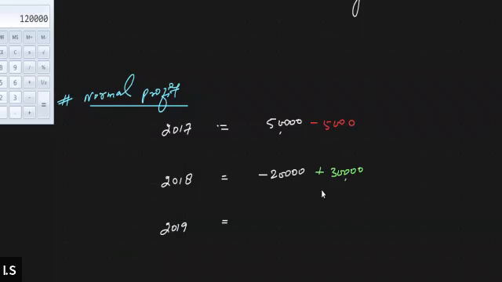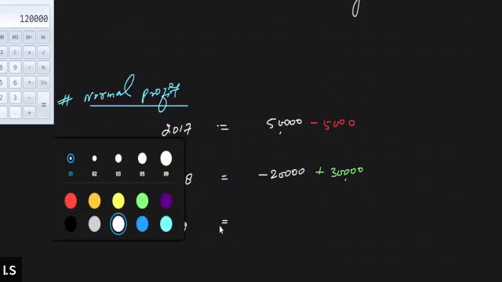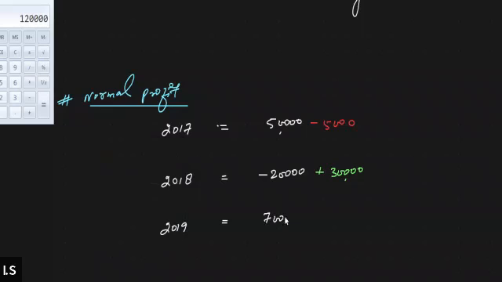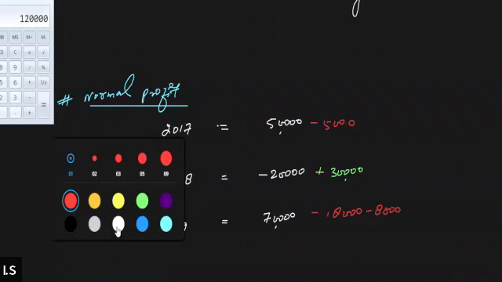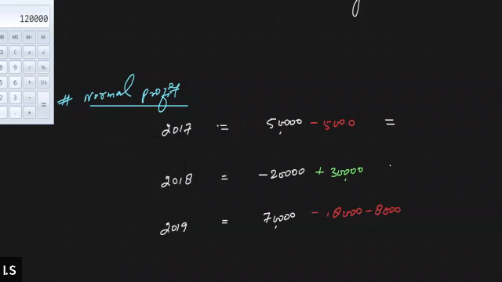Saf, what are you doing now? Seventy minus 18 minus 8, how much will it be? 44,000.